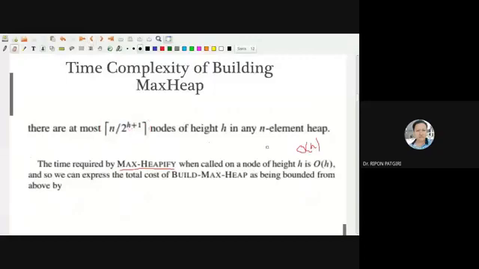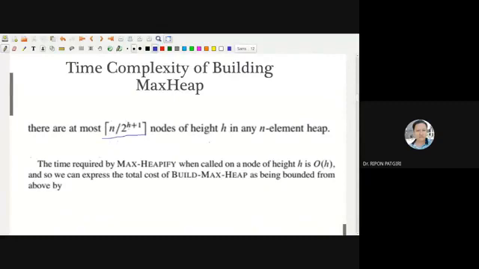So when you say, for example, total number of nodes, total number of keys, or total number of elements at the height h is this relation. You need to remember this relation. What is the relation?